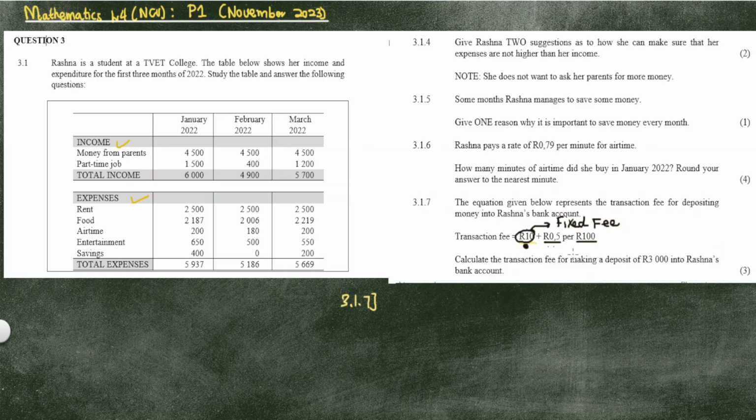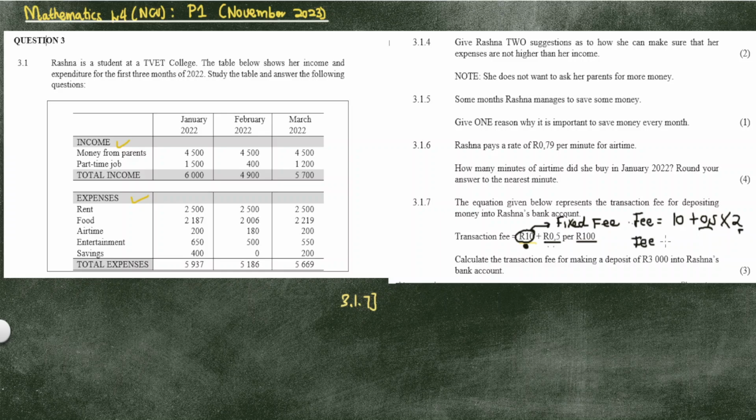Because 200 rand has two 100s, the transaction fee is going to be this 10 rand plus 0.5 times 2. Remember, I'm taking 200 out of the bank. So the 200 rand has two 100s, so it's going to be 0.5 multiplied by 2.